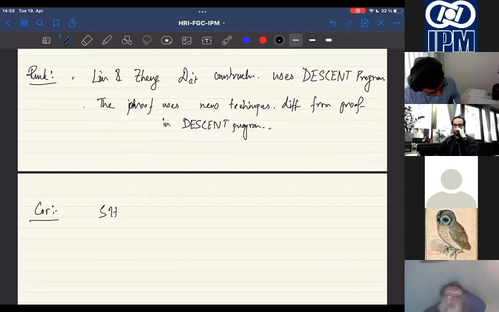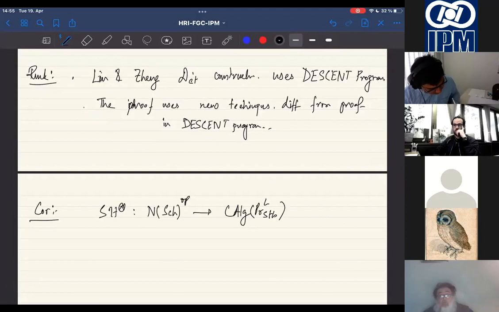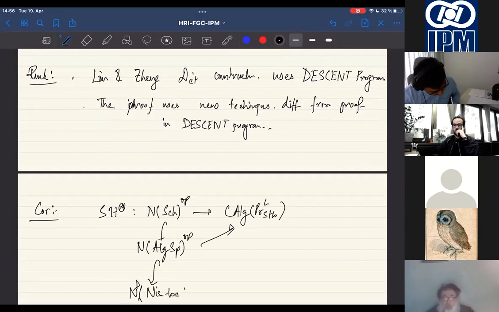So the corollary is now that SH tensor, which goes from the nerve of schemes, at first we extend this to the nerve of algebraic spaces, and then we extend it to the nerve of algebraic stacks of finite type.